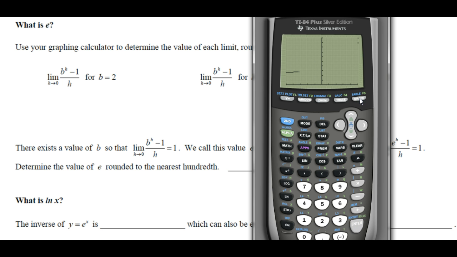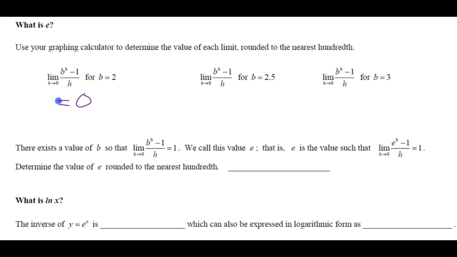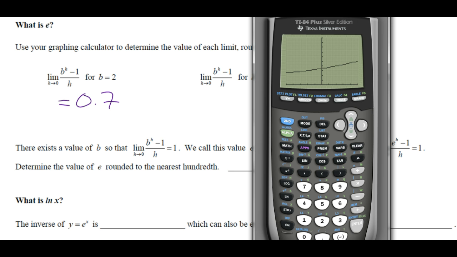Okay, and now we can hit graph. And so we're going to say that this limit is what? That's 0.2, 0.4, 0.6, 0.8. So what is this value here? About 0.7. Okay, so let's say 0.7. Now, you might say, let's take a look at this.